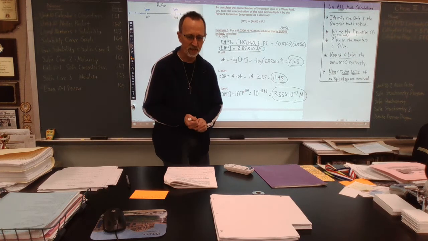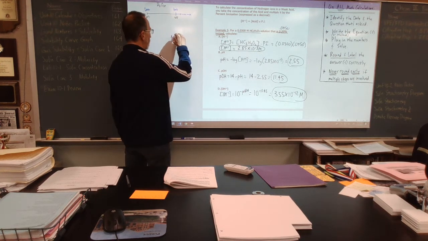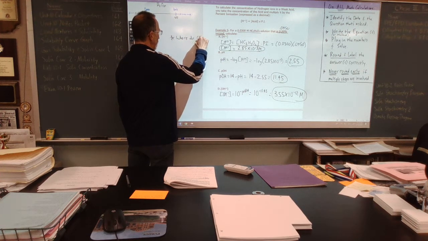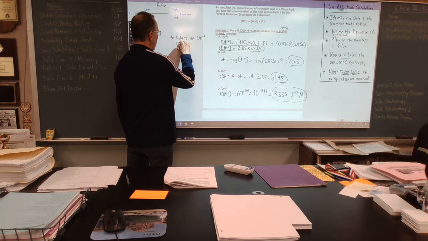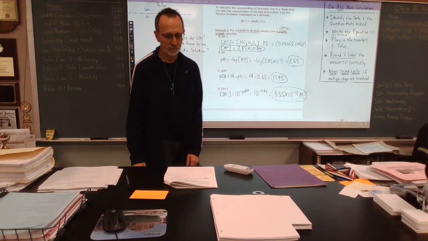So the question, and this is an important one, is: where do the hydroxide ions come from in an acidic solution? Where do they come from?